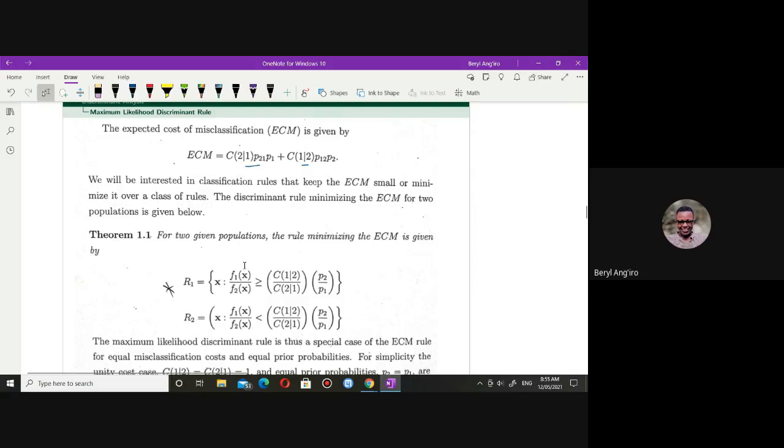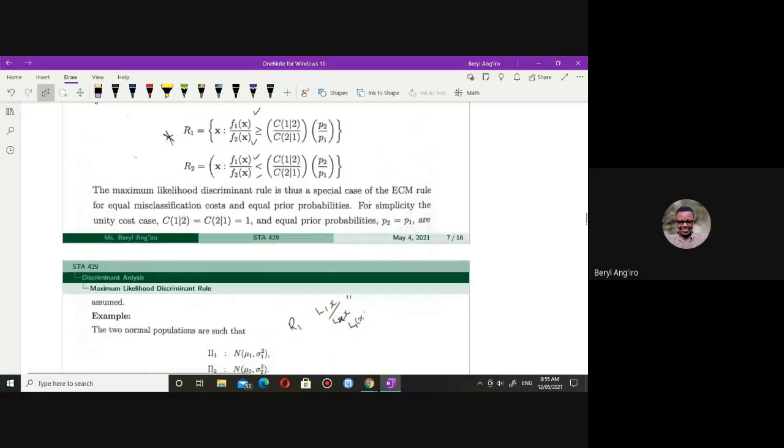R1 is the set of x such that the density under population 1 divided by that under population 2 is greater than this, and for R2 it is less than that. Then the maximum likelihood discriminant rule is thus a special case of the ECM rule for equal misclassification.